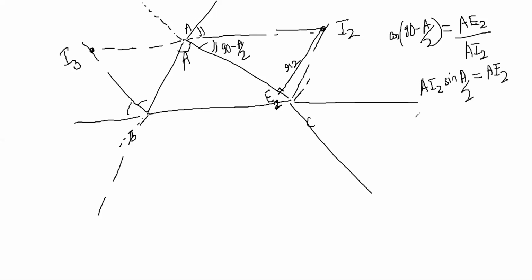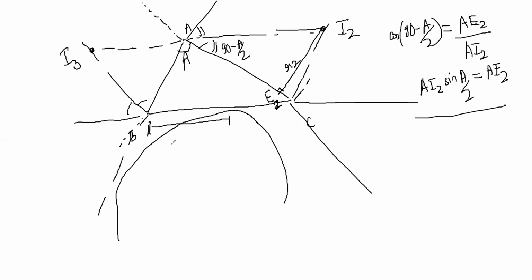Now AE2 is, remember when you had an X circle and X circle was touching here, right? You remember the derivation where we said that this distance is equal to S minus C, and you understand this was opposite, no?